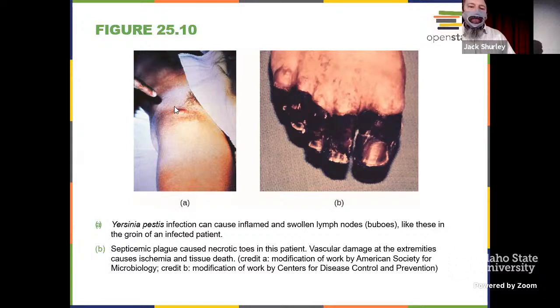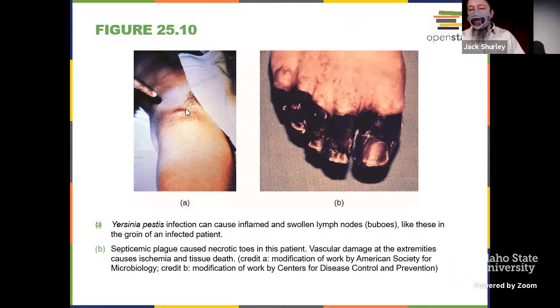So here you can see this inguinal lymph node all swollen up. Sometimes they become very necrotic, almost like the toes over here. And so they get all black, right? Blackened necrotic lymph nodes, and they call it the Black Death, right? As a result of these buboes, right?